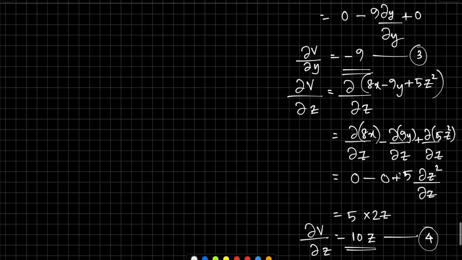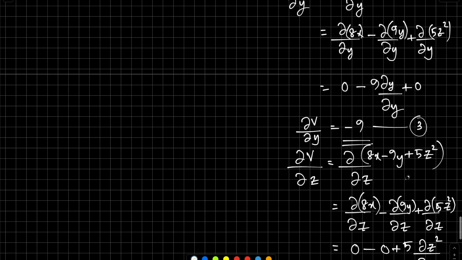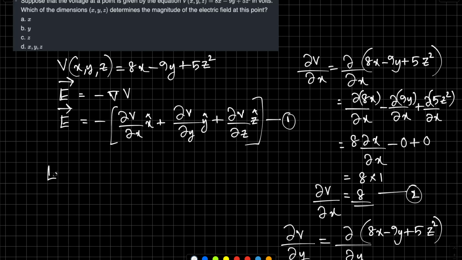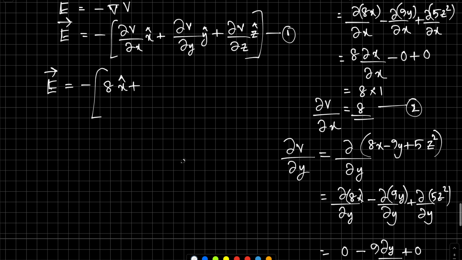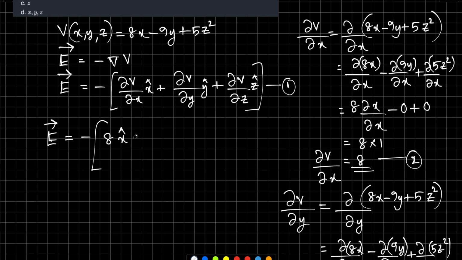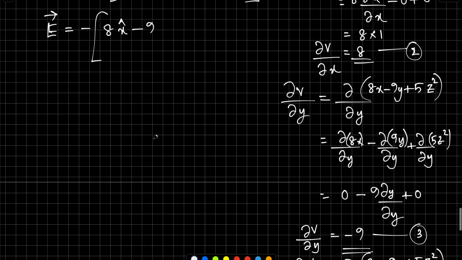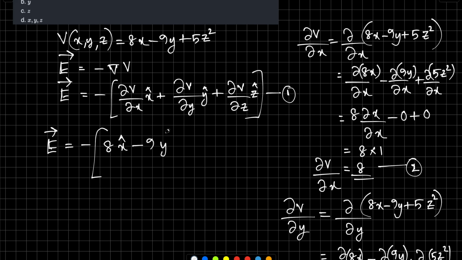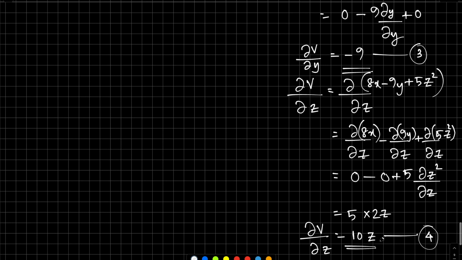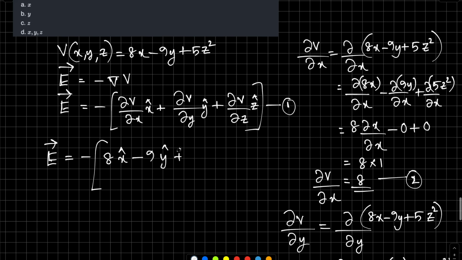Okay, let's substitute equation number 2, 3, and 4 back in equation number 1. So the electric field function is equal to minus of dou v by dou x, which is 8x cap, plus dou v by dou y, equation number 2, which is minus 9, so minus 9y cap, plus dou v by dou z, which is 10z, so 10z z cap.